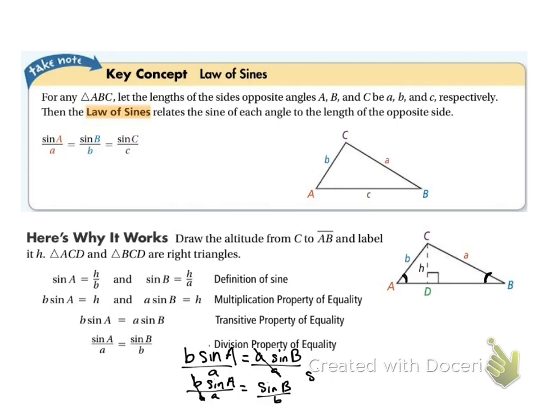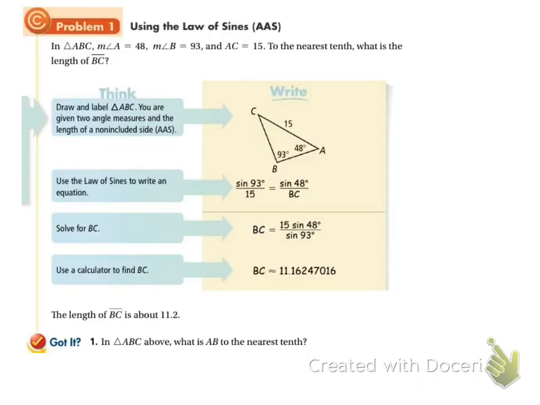Now we've got sine A over a equals sine B over b. You won't be required to know how we get that, but that's where it's coming from. It's still using right triangles. So, let's look at a problem.